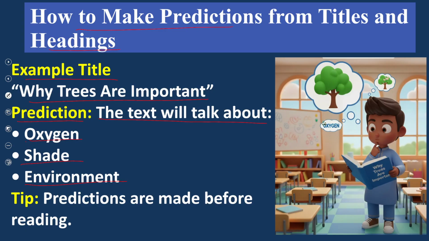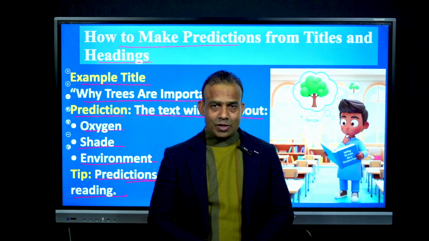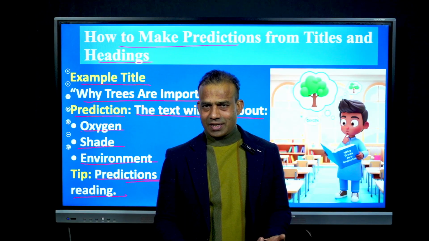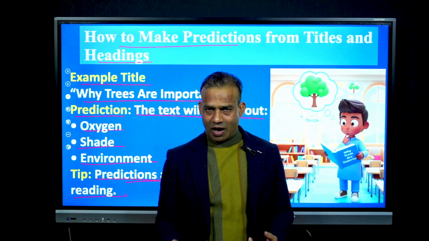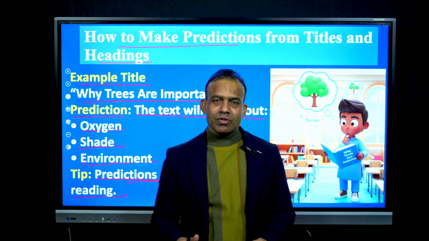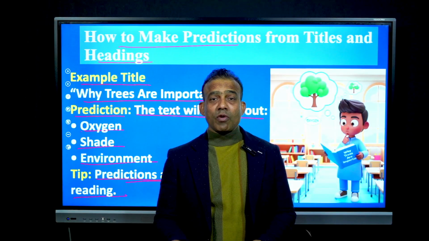By reading this title, we predict, we guess. Tip: predictions are made before reading. So, dear learners, when you read the title, predict what the text is going to be about. After reading and guessing and using the dictionary, you can compare these. Now, move to the next slide.